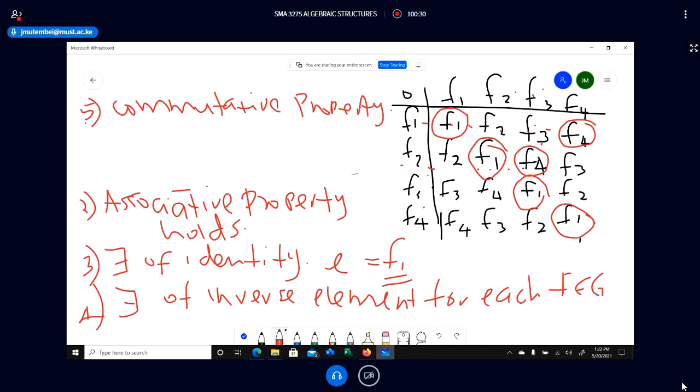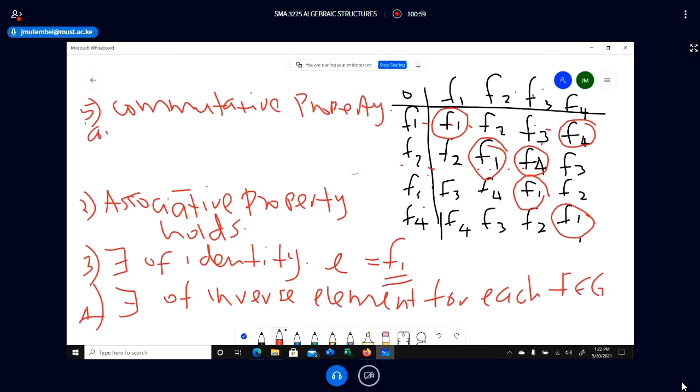If you observe that corresponding rows and columns are identical, then the commutative property is satisfied. So if you look at the elements of row 1 and column 1, the elements of row 2 and those of column 2, they are identical.